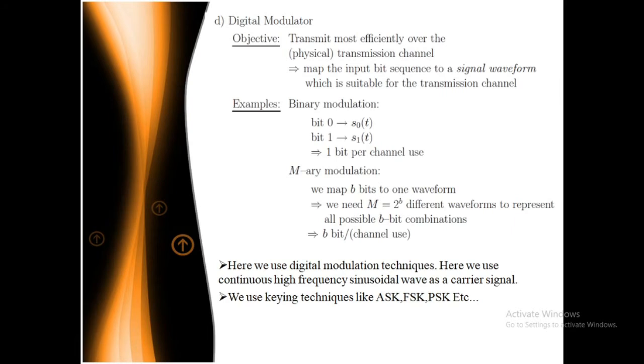Here we use digital modulation techniques which use a continuous high frequency sinusoidal wave as the carrier signal. We use different techniques like ASK and FSK, as we saw in the tree diagram or classification of communication.